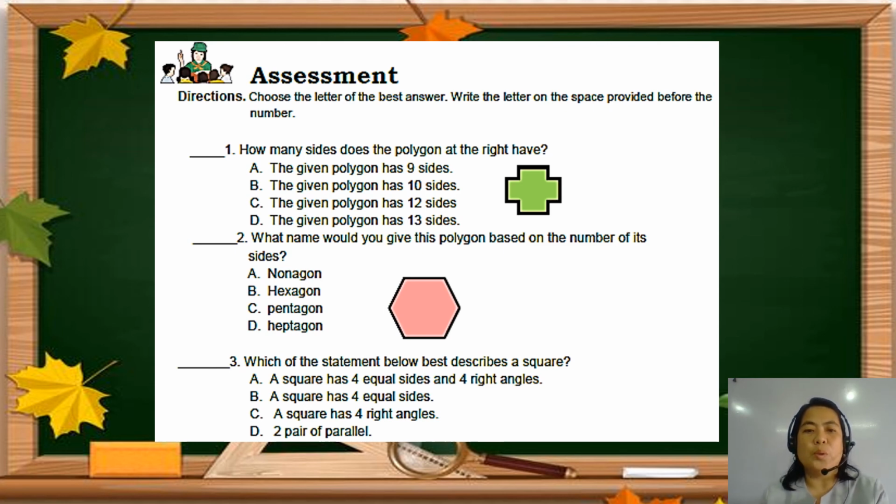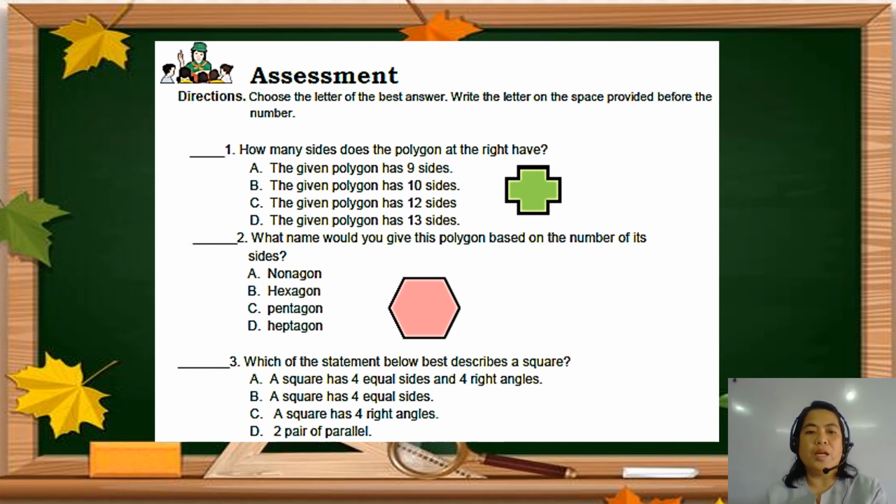For number 2, what name would you give this polygon based on the number of its sides? A. Is it nonagon? B. Hexagon? C. Pentagon? D. Heptagon? Again, you count the number of sides of that polygon. Then write the letter on the blank.